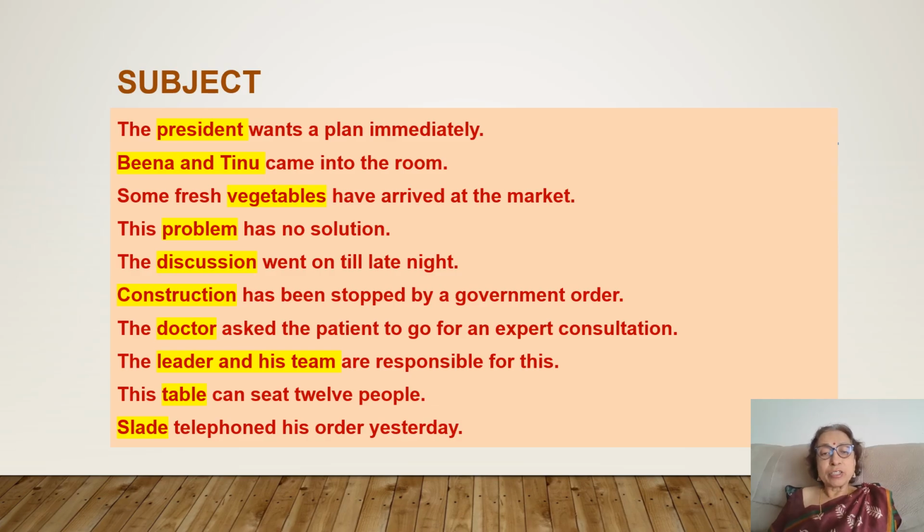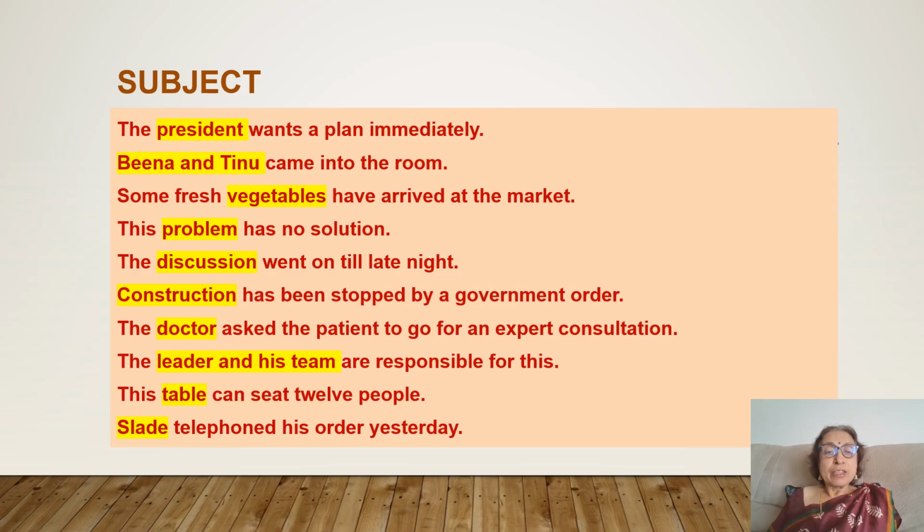Some fresh vegetables have arrived at the market. So we have the noun vegetables. Some and fresh are adjectives. We are not bothered about them. The noun is vegetables, and that is the subject. Have arrived. What has arrived? Vegetables have arrived. So the work have arrived is being done by vegetables. Since vegetables is doing the work, therefore vegetables is the subject of the sentence.